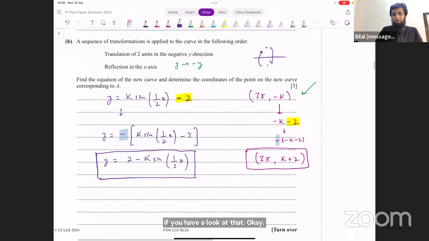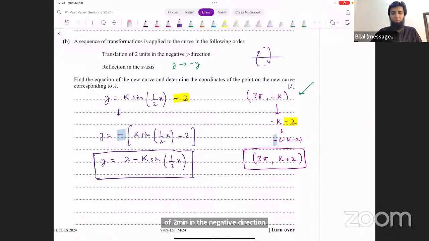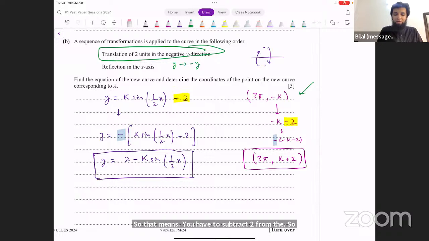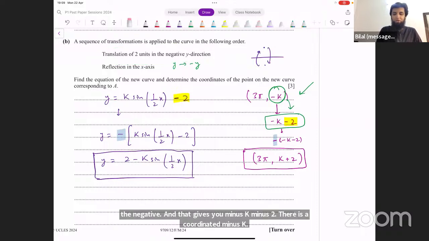Basically, there are two things happening: translation of 2 units in the negative direction. That means you have to subtract 2 from the y coordinate. That's the first thing you do because it's a translation, 2 units in the negative y direction, you subtract 2. That gives you minus k minus 2. The original coordinate was minus k, and you subtract 2 from that because of this first transformation.